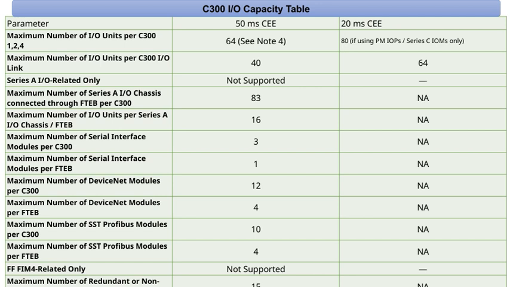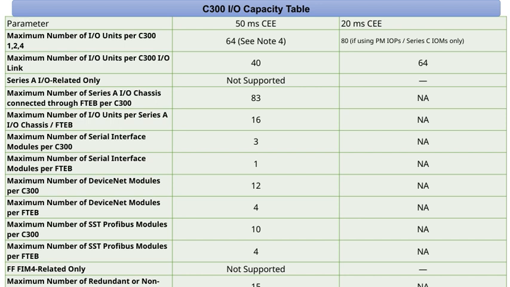In contrast, the 20 ms CEE supports up to 80 units, but only if you're using PM IOPs or Series C IOMs. Moving on, the maximum number of I/O units per C300 I/O link is 40 for the 50 ms configuration, and it increases to 64 for the 20 ms setup, which makes sense given the higher speed requirements.